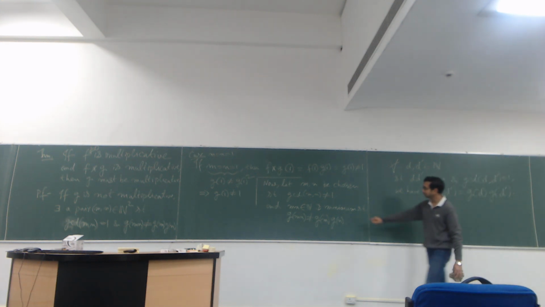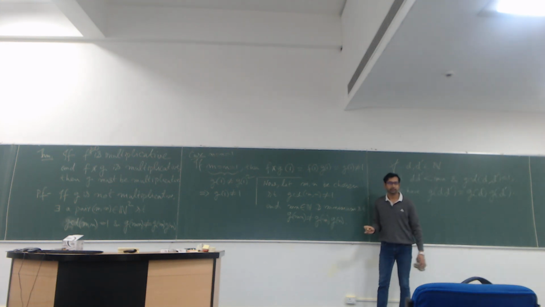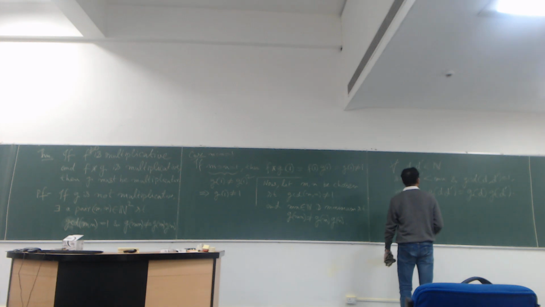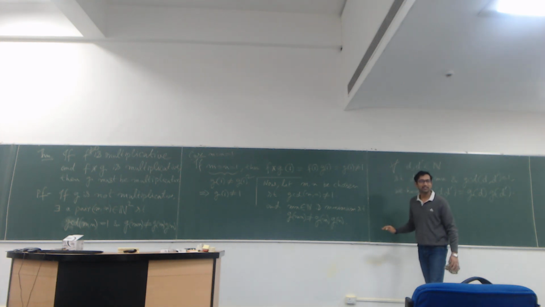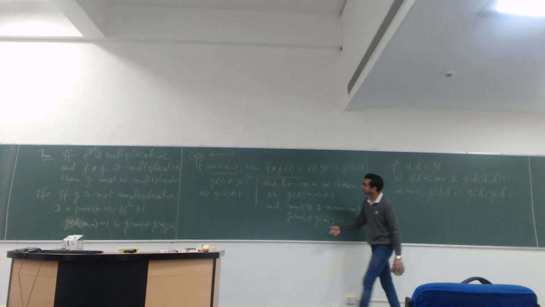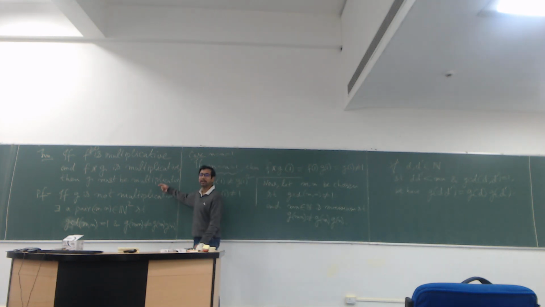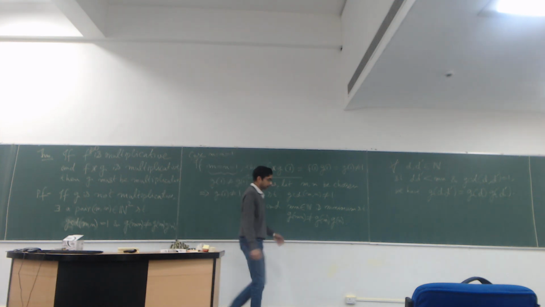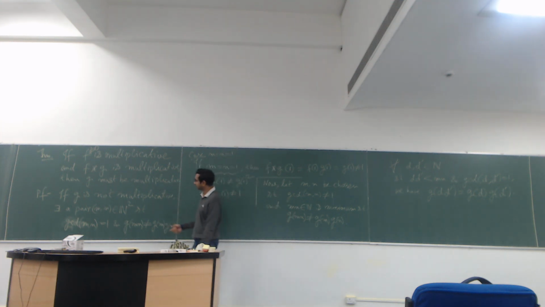Because MN is the minimum for which this equality is not working. Any doubts? GCD should be 1. Yes, actually we are trying to prove that G must be multiplicative. If G is not multiplicative, then there is such a pair for which this doesn't hold.